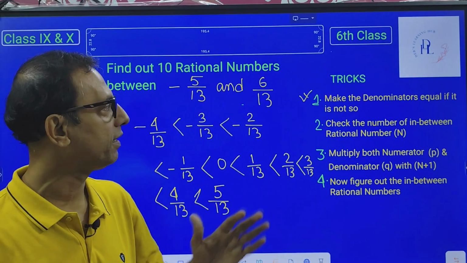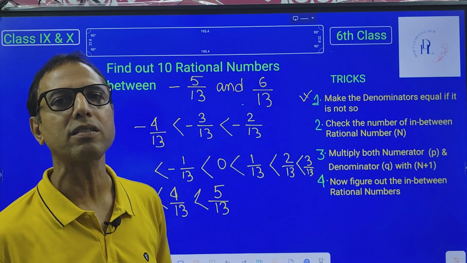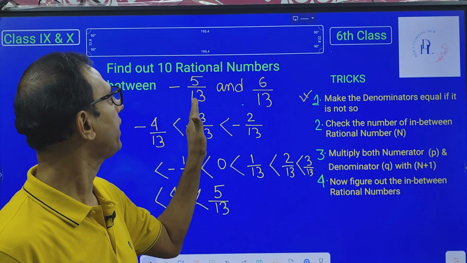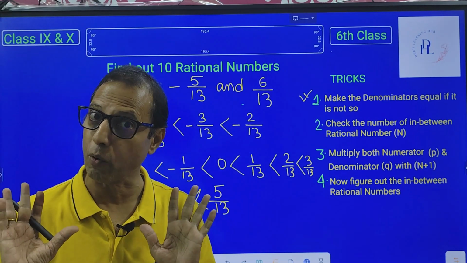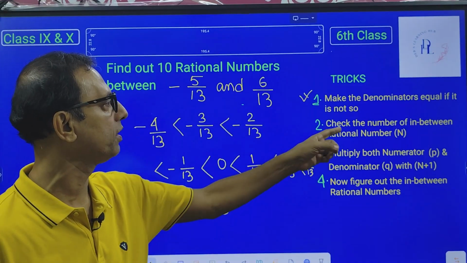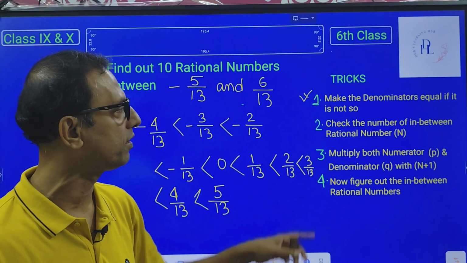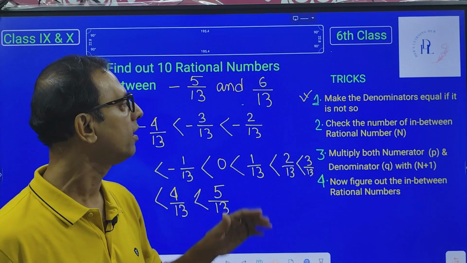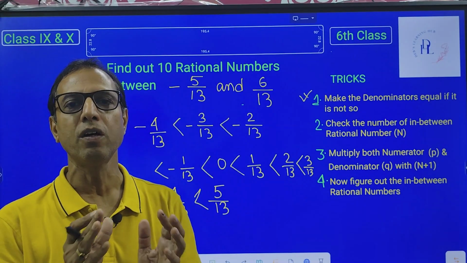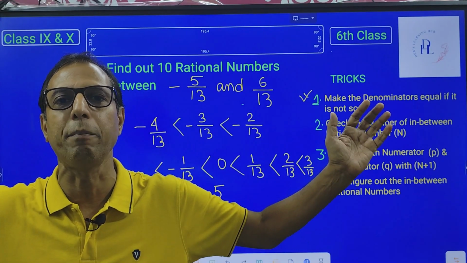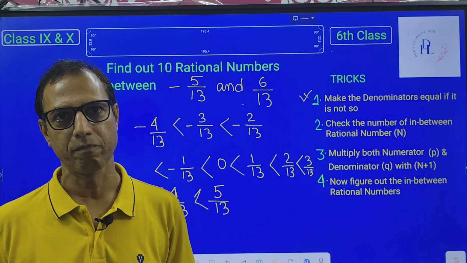Main purpose is to make both the numbers comparable by having the same denominator, that is point number 1. And point number 2, this n and n plus 1, figuring out these numbers, is to stretch the area in between the lower boundary and upper boundary, right?